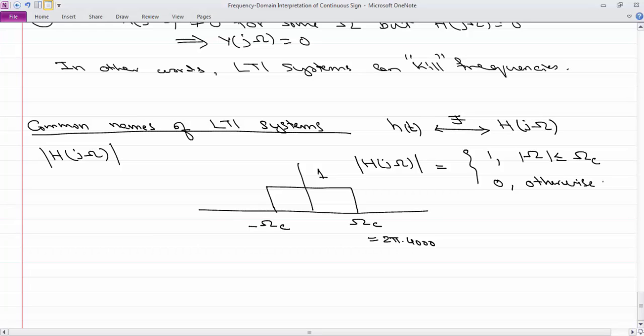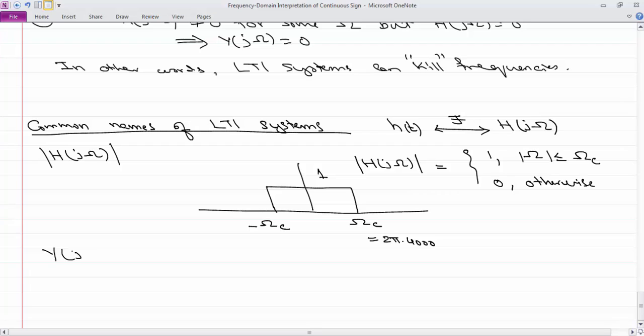So this LTI system says that the system is going to let all the input frequencies up to omega c pass without any change in scale, because the height is 1, right?